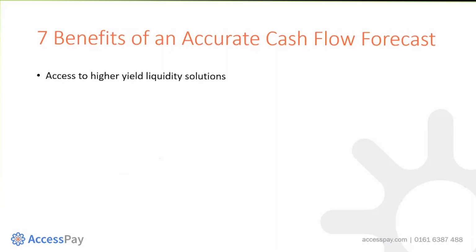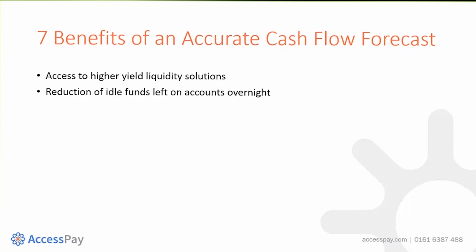Equally, for some of the short-term solutions such as money market funds, you're going to need a decent accurate cash flow forecast because the trading deadline is around the middle of the day. So you certainly don't want to be over-investing, and equally you don't want to be under-investing. You want to be extracting the maximum yield from your balances.